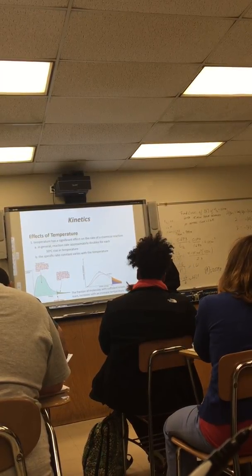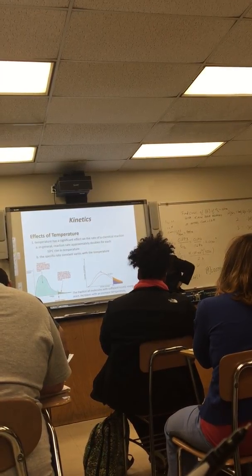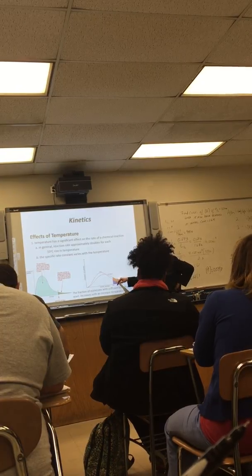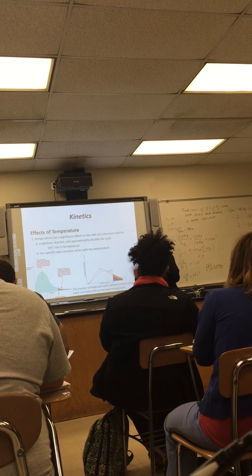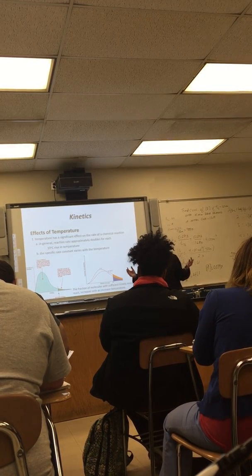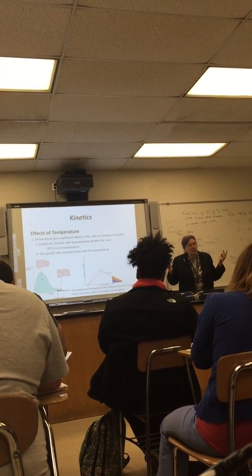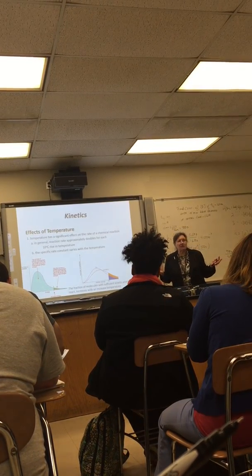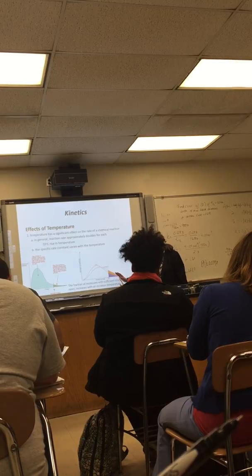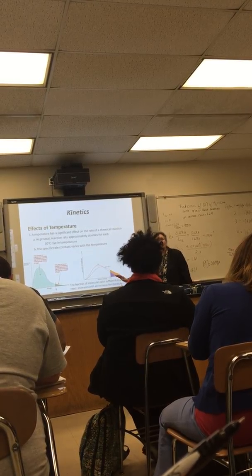And if you warm them up, you wind up having a greater fraction of the molecules that are actually going to be able to collide with each other because the collisions are occurring faster and faster. So it's much more likely that there'll be an effective collision, much more likely that they'll collide with the correct geometry. So the number of effective collisions increases as the temperature increases.